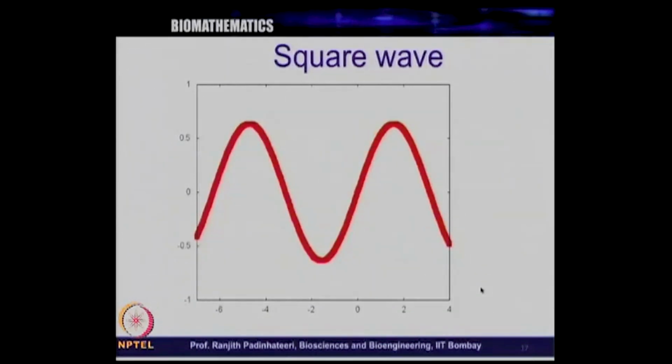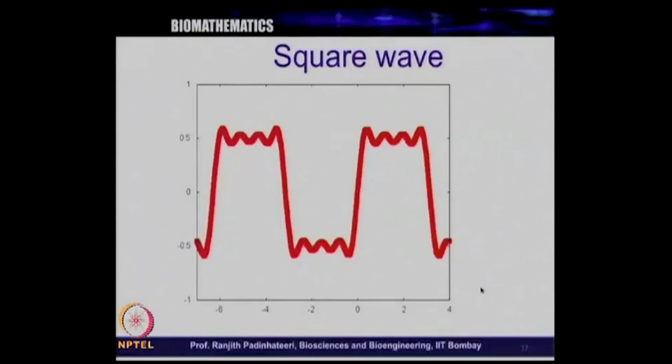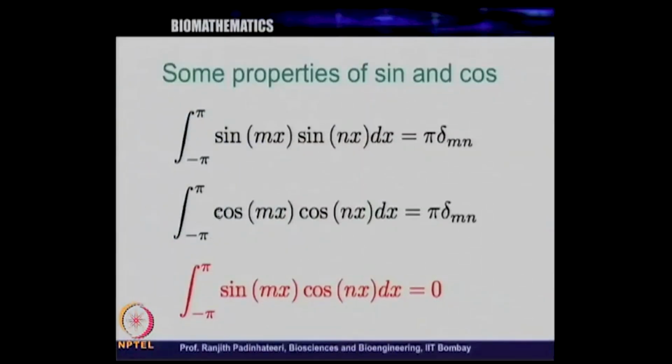As we said, we have the square wave generated from the series of sines, and one of the important properties that we used to write this Fourier series is that if you multiply sin mx and sin nx and integrate, you get 0 or 1, the Kronecker delta, which we discussed, and cos and cos you get again the Kronecker delta, and cos and sine you get this.